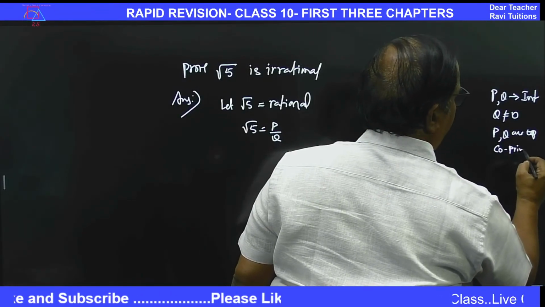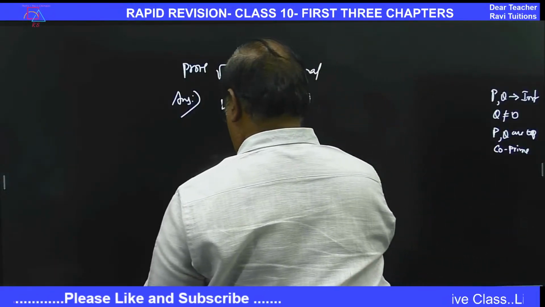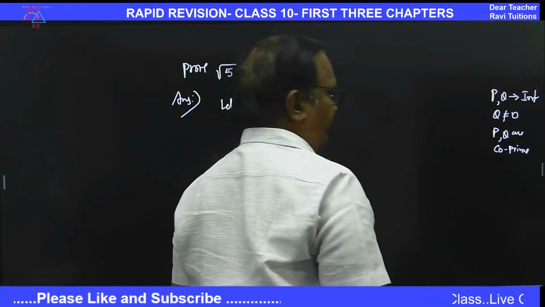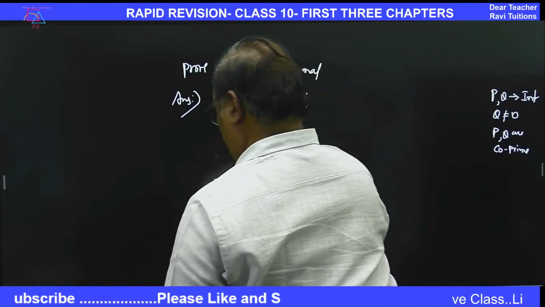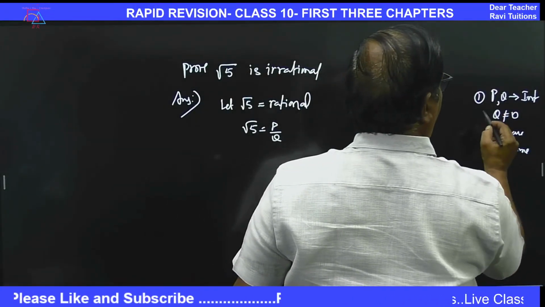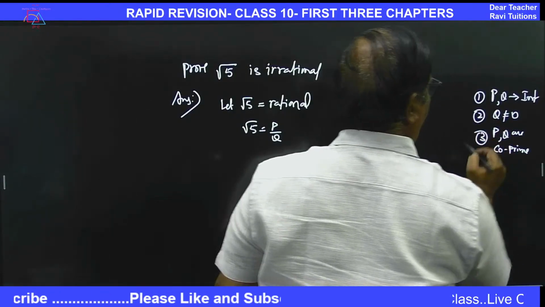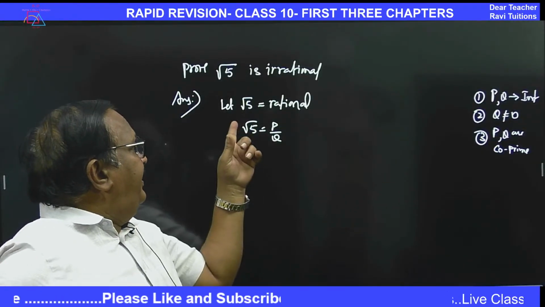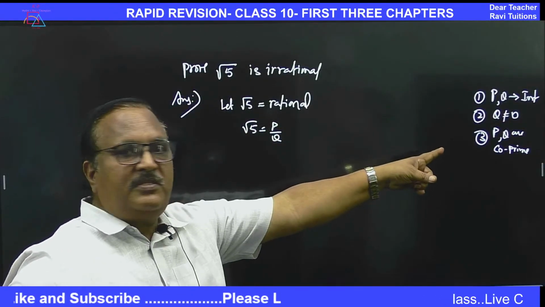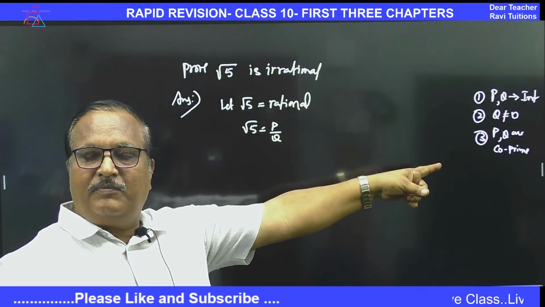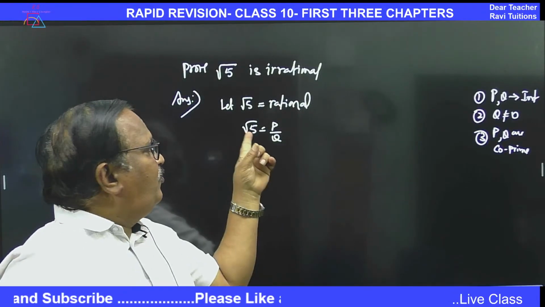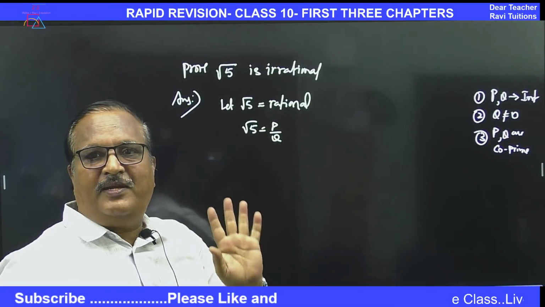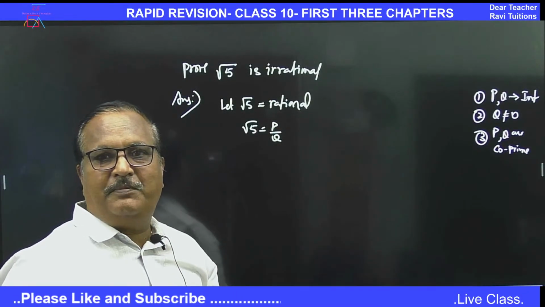Co-prime numbers. Okay. This is 1, this is 2, and this is 3. If this root 5 follows those 3 properties, then root 5 will be rational number. Otherwise, root 5 will not be rational number.